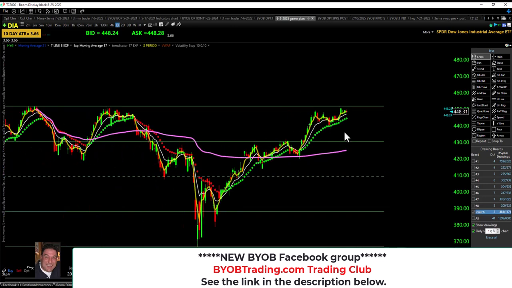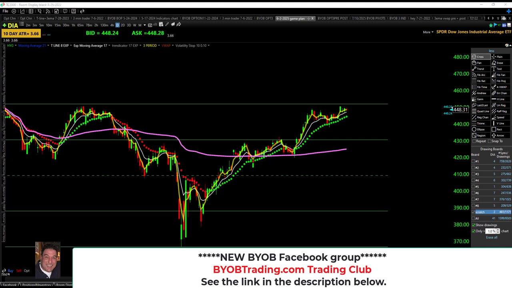Diamond Dow is within striking distance of the all-time high. That's this candle right here. That's the all-time high. Again, price action is doing the magic that we like to see. It's moving up and over to the right, constructing that launch pad.